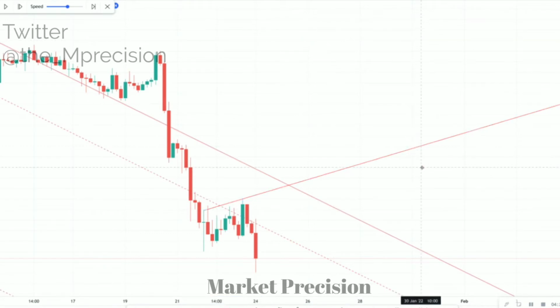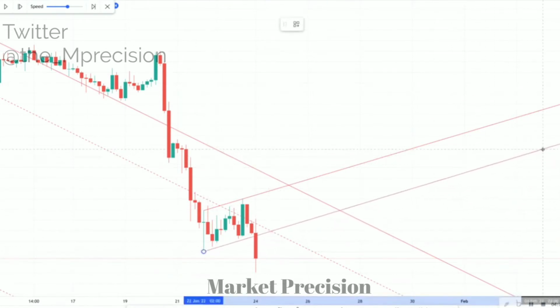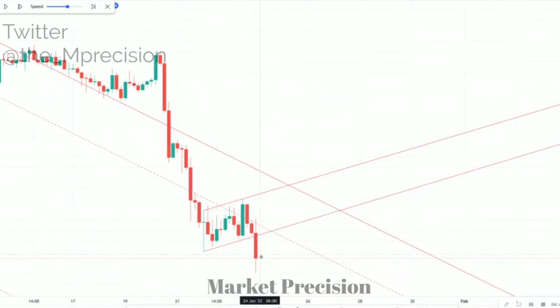Okay, now that I have established my first resistance on the upward trend, what do I need to do? I need to draw parallel lines, right? So we're going to draw parallel lines right here. That looks parallel to me. Okay, again, unfortunately, this candle, you can already see it has broken out.